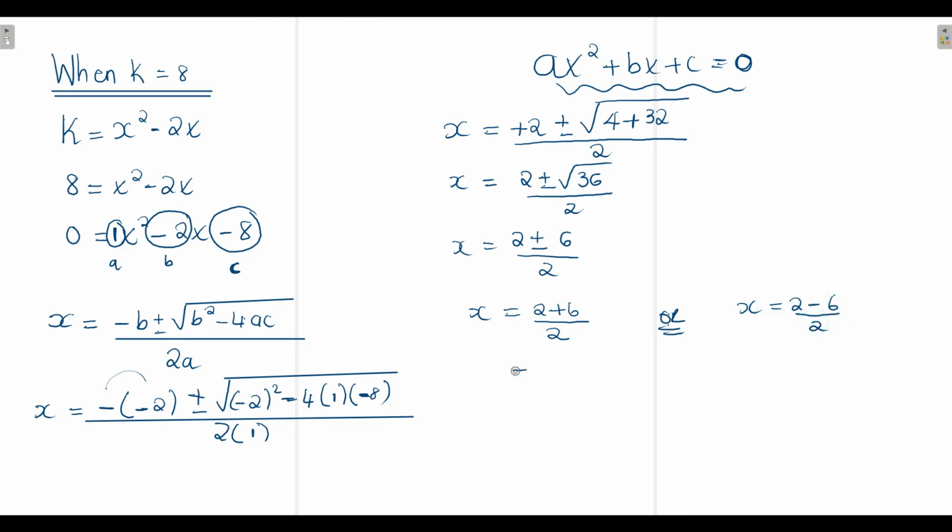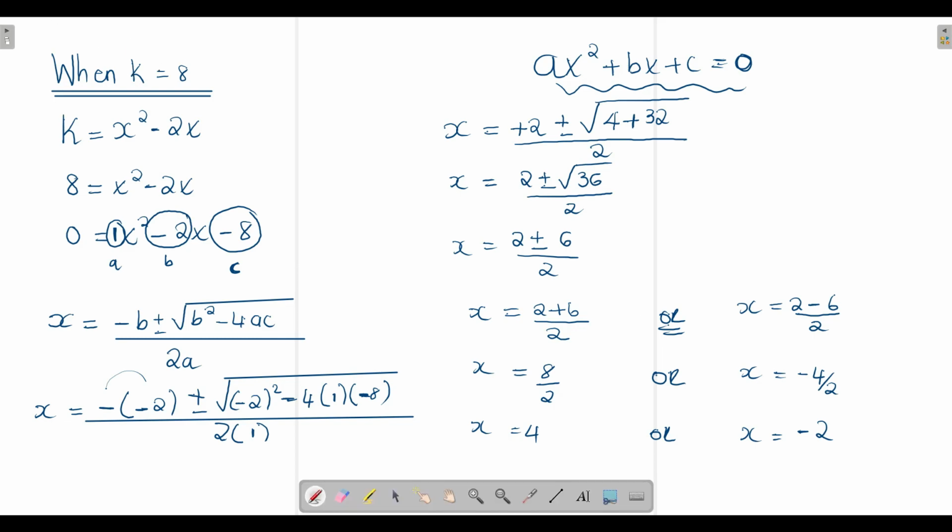You can simplify the numerator. 2 plus 6 is 8 over 2, so x is equal to 4, or x is equal to 2 minus 6, which is minus 4, divided by 2, and minus 4 divided by 2 is minus 2. So that is basically the final answer.